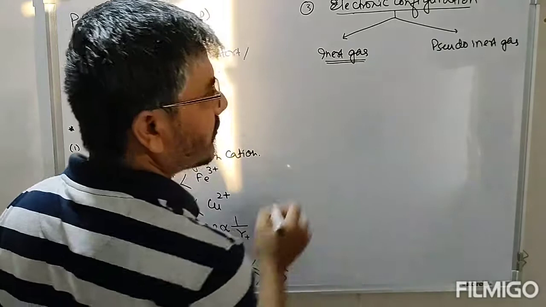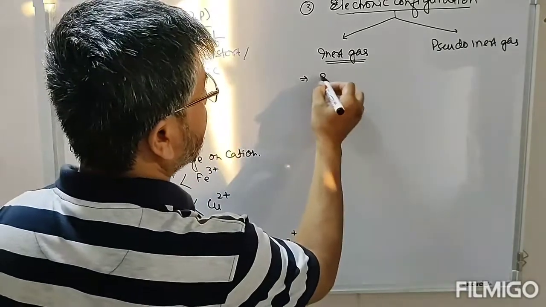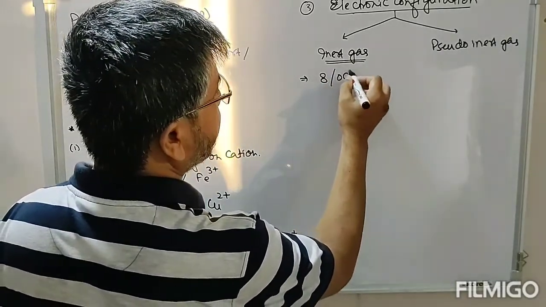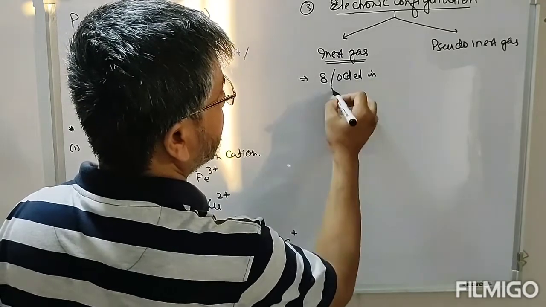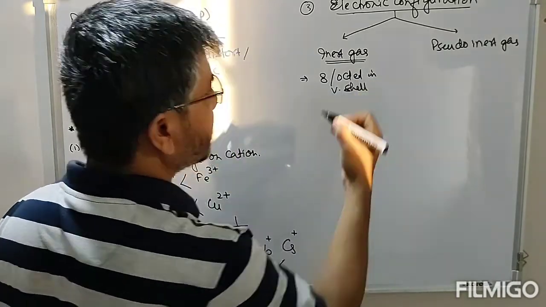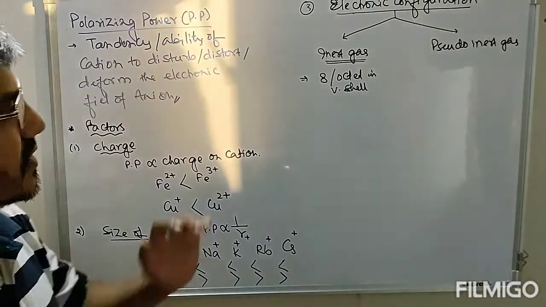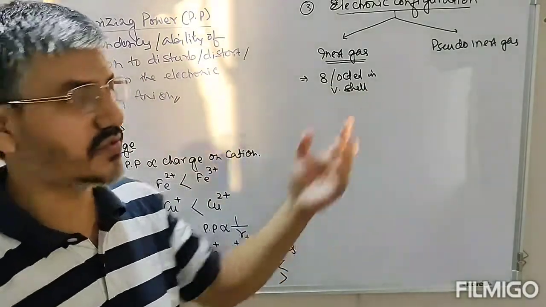Inert gas or noble gas configuration means having 8, an octet, in the valence shell.